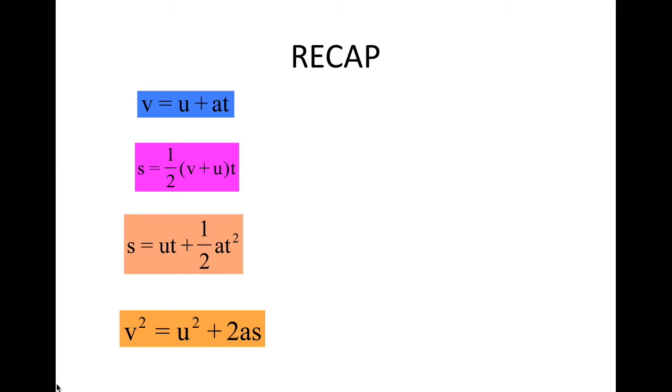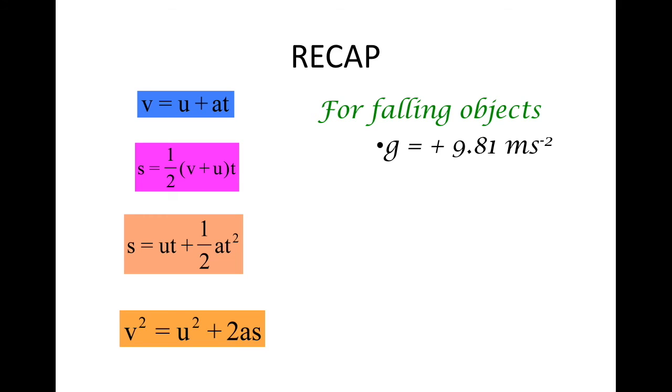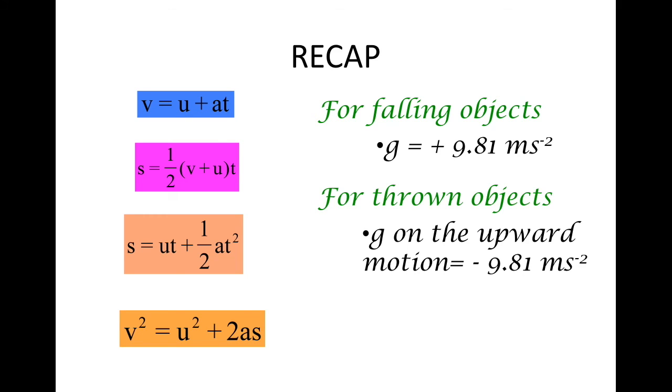All right, we've made it to the end of our T-notes, and let me just recap this for you. We've learned that with the SUVAT equations, we can use these for uniform acceleration for objects that are falling. And we also learned that gravity is positive or negative depending on which direction the object is traveling.